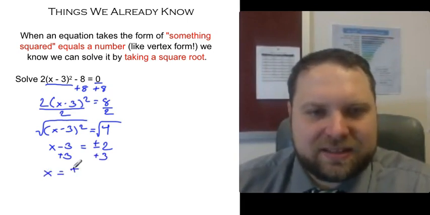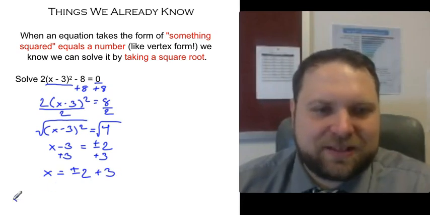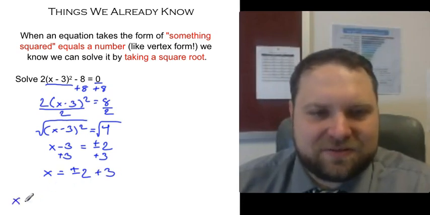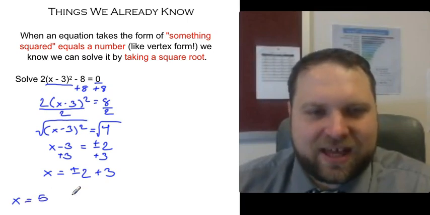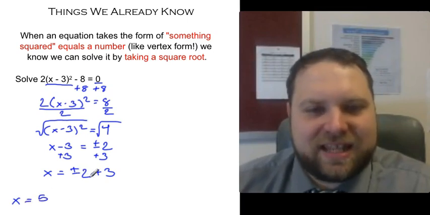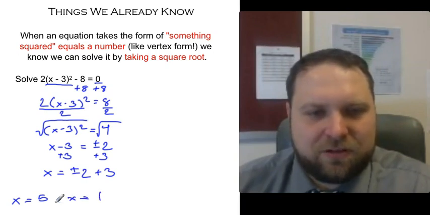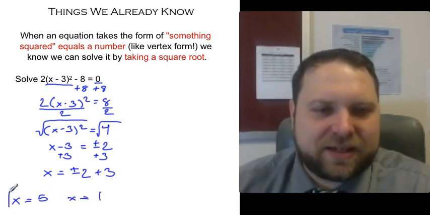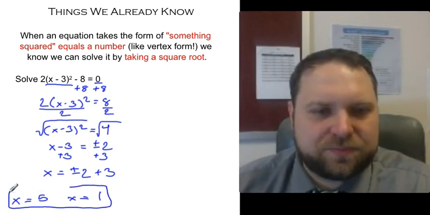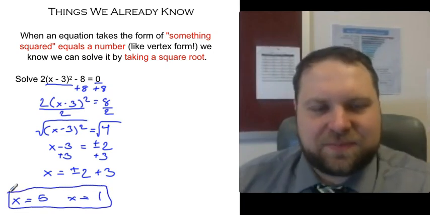So x is equal to plus or minus 2 plus 3, and I can split that off. If it's positive 2 plus 3, x is equal to 5, and if it is negative 2 plus 3, x is equal to 1. Those are my two solutions, which is kind of what I expect.